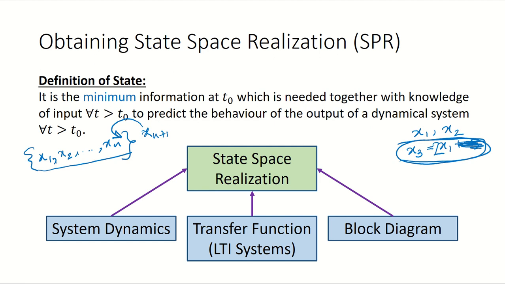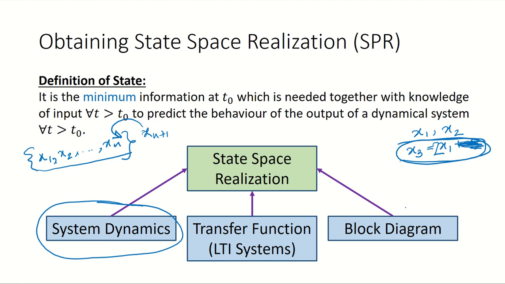So one has to be careful when constructing the state space realization, mainly when you are doing it from the system dynamics, because you have to understand how many internal variables are there which are independent of each other. You should not take one variable which is dependent on another variable in some way or the other.